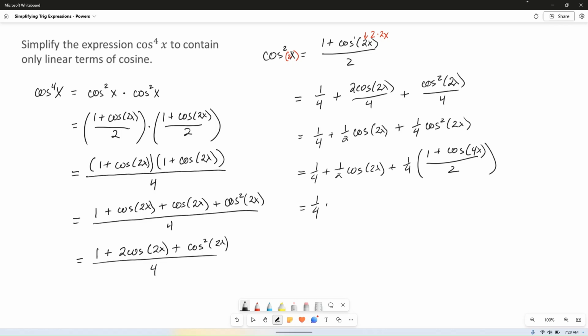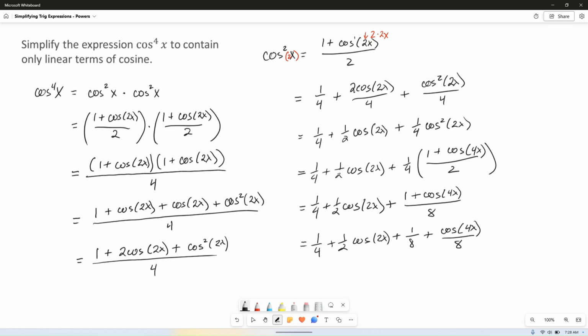We're going to have 1/4 plus 1/2 cosine of 2x plus, if I take the 1/4 and multiply it by our fractions, 1 plus a cosine of 4x over 8. And just like I did before, I can break that fraction apart. So we're going to have 1/4 plus 1/2 cosine of 2x plus a 1 over 8, and then plus a cosine of 4x over 8.